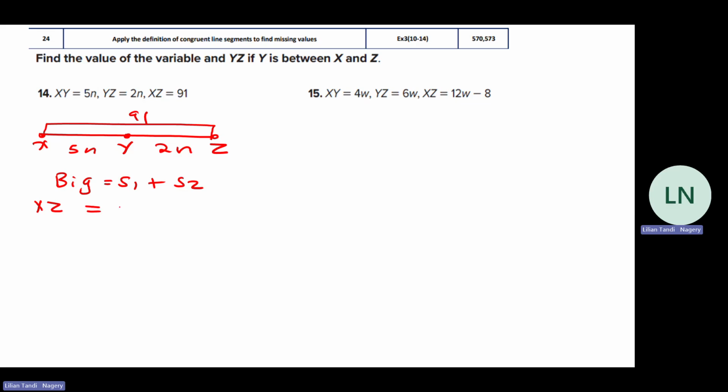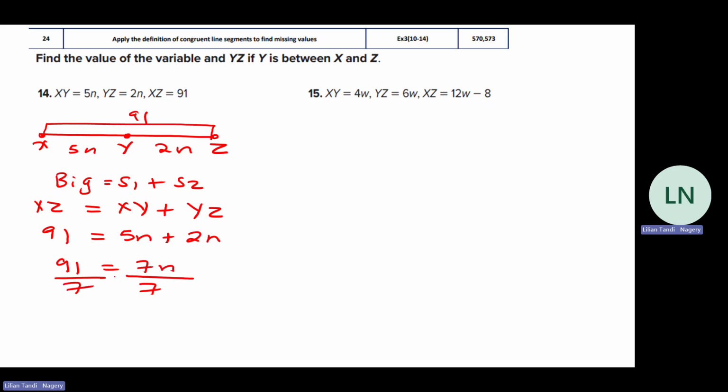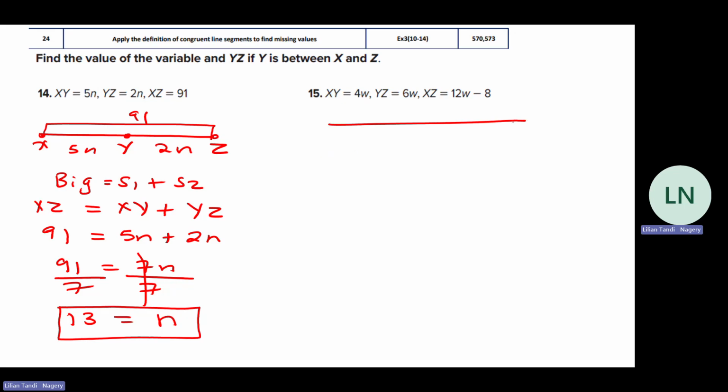XZ equals XY plus YZ. 91 equals 5n plus 2n. 91 equals 7n. Divide by 7, divide by 7. N equals 13. So we do this here.